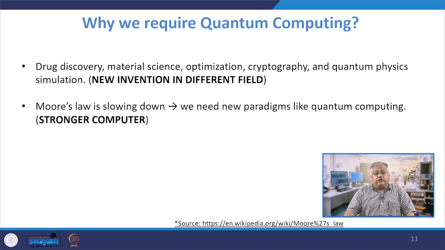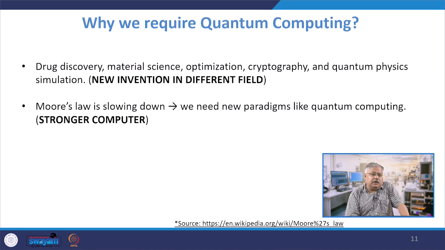Then drug discovery, optimization problems, new material sources, stable material sources in material engineering and solid state engineering. Then we have cryptography and quantum physics simulations, which are areas where a large number of people are working on quantum computing. Why?